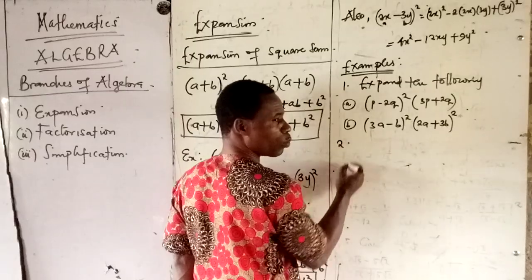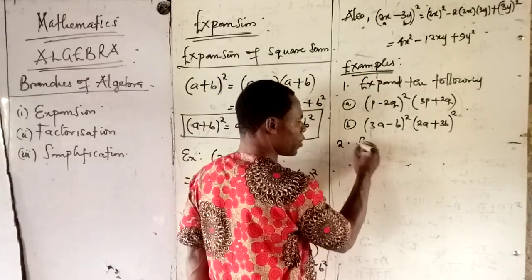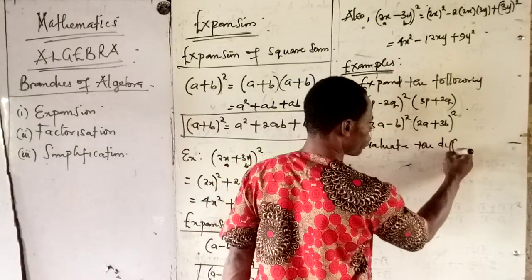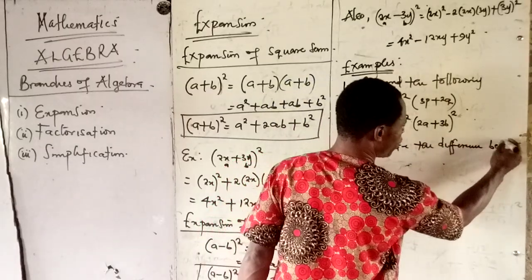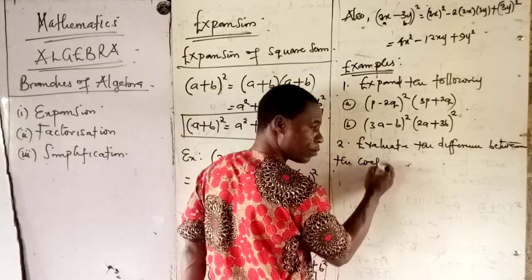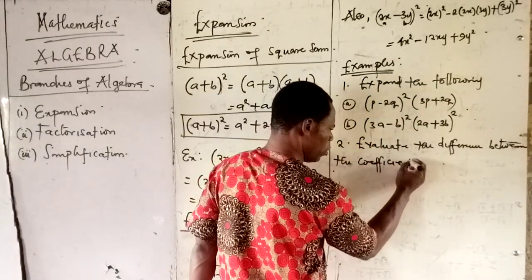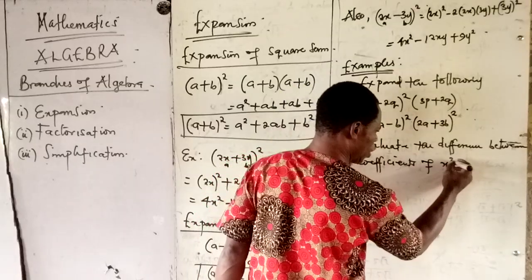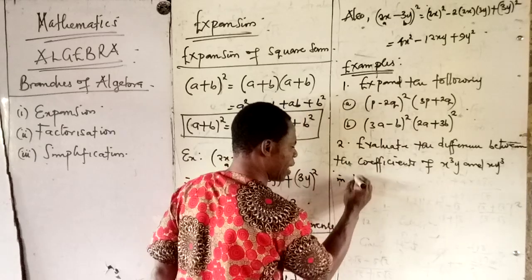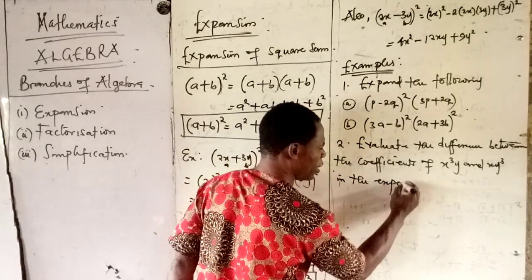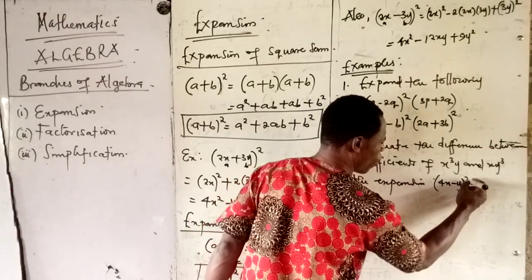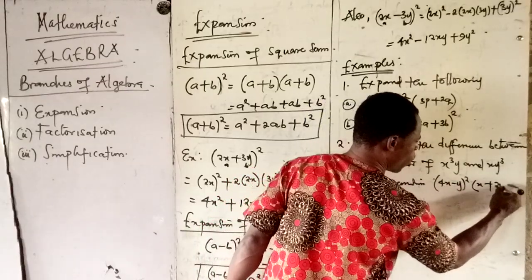Okay, look at 2. Evaluate the difference between the coefficients of x in y and xy2 in the expansion of 4x minus y all square, x plus 2y all square.